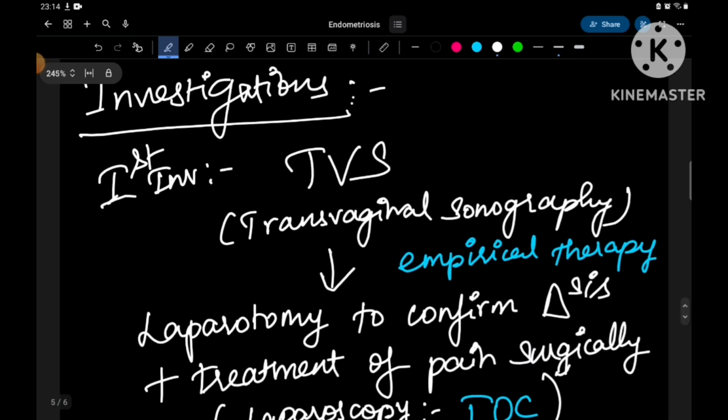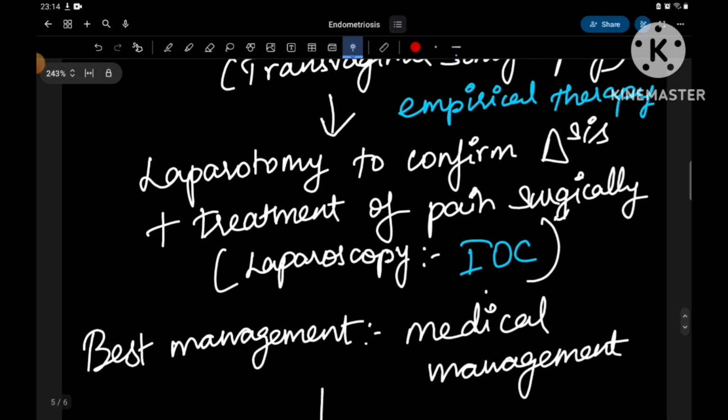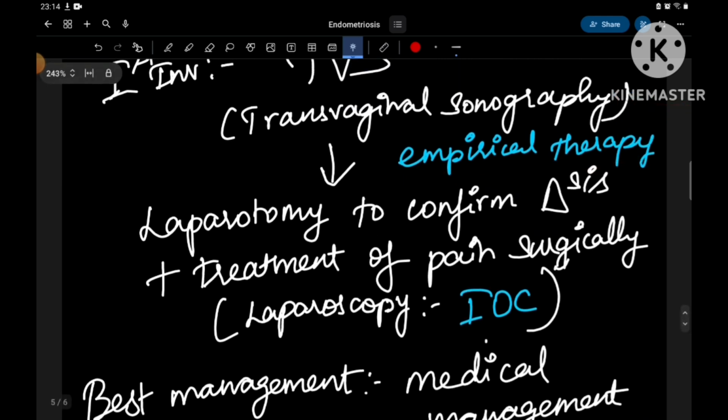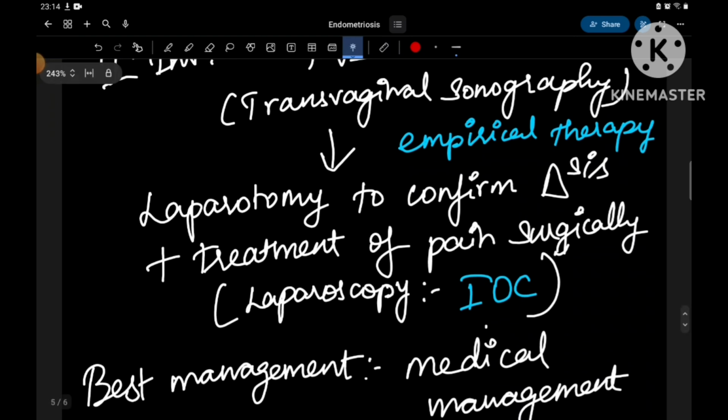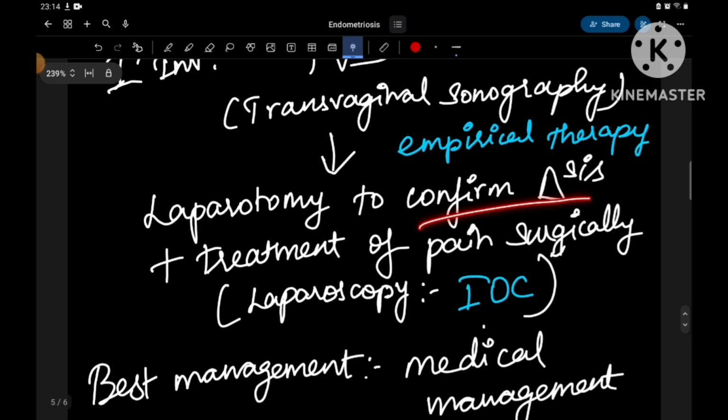Investigations, how will you proceed? First investigation, transvaginal sonogram. Whatever be the findings, unless it is normal, you have to start the treatment. If it's suspicious or diagnosed, you have to start empirical therapy, right? Only when it's normal, no need to start. Understood guys? Next, transvaginal sonogram followed by laparoscopy to confirm diagnosis, plus treatment of pain surgically.